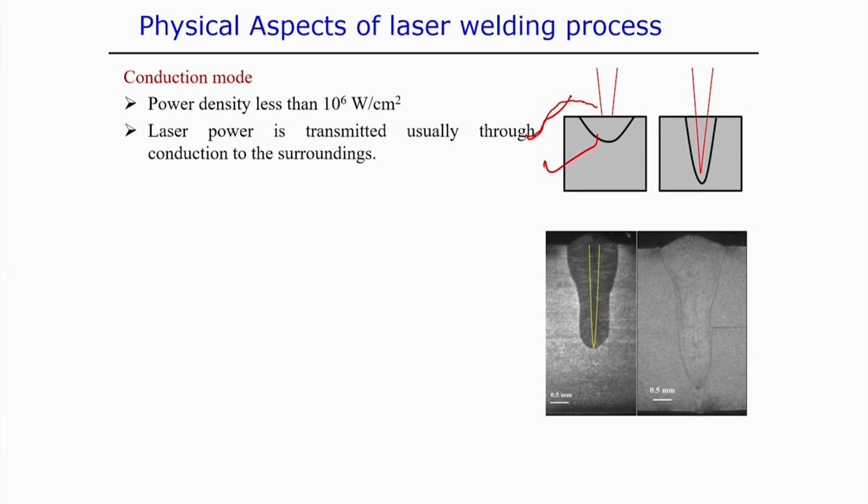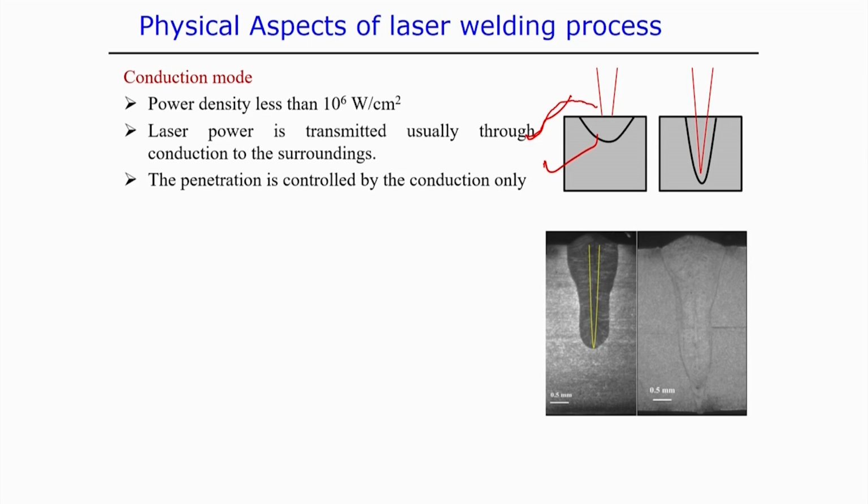First, the power density is less than 10 to the power 6 watt per centimeter square. Normally we consider it a conduction mode laser welding process, and the laser power is transmitted through conduction to the surroundings, and the depth of penetration or shape is mainly controlled by heat conduction only.